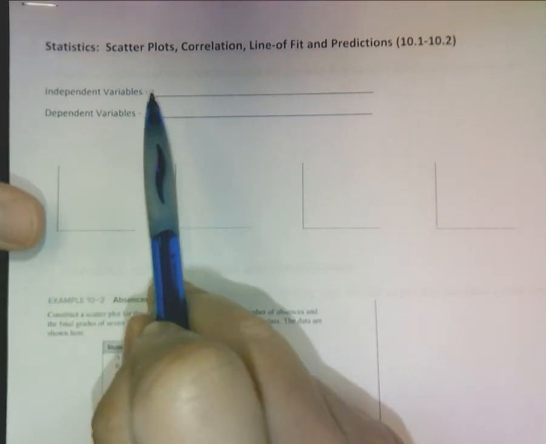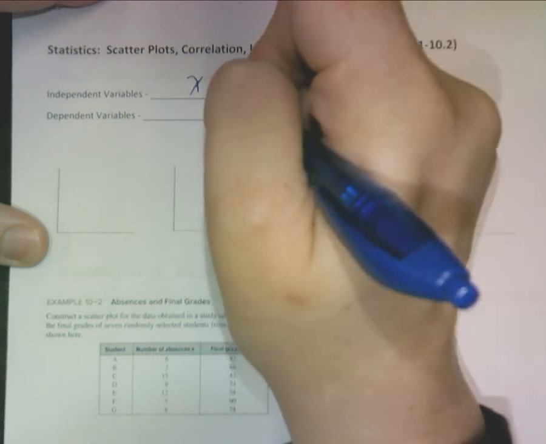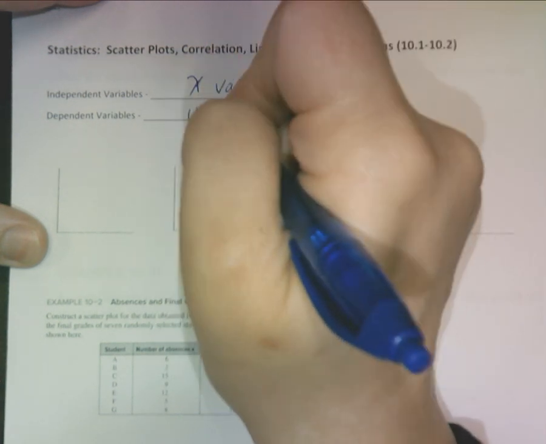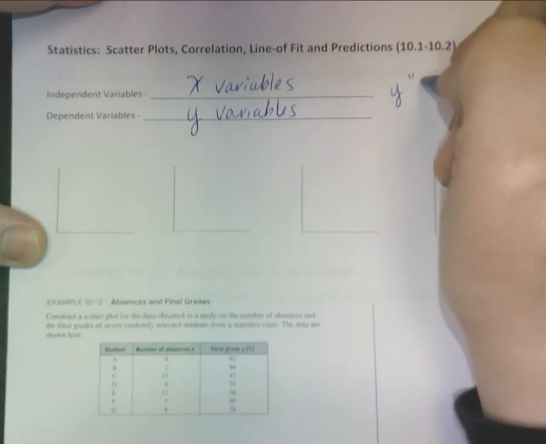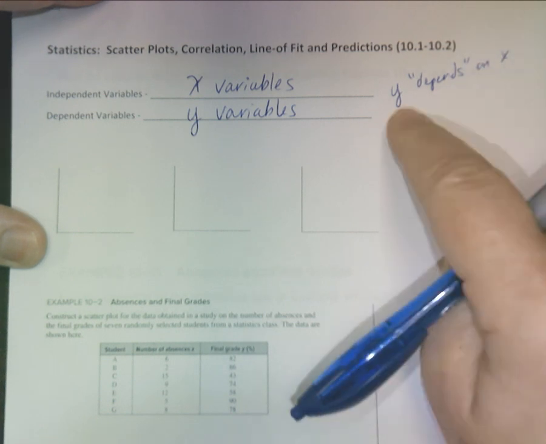What are independent variables? Those are your x variables. Your dependent variables are your y variables. And again, remember, y depends on x. That's why y is the dependent.